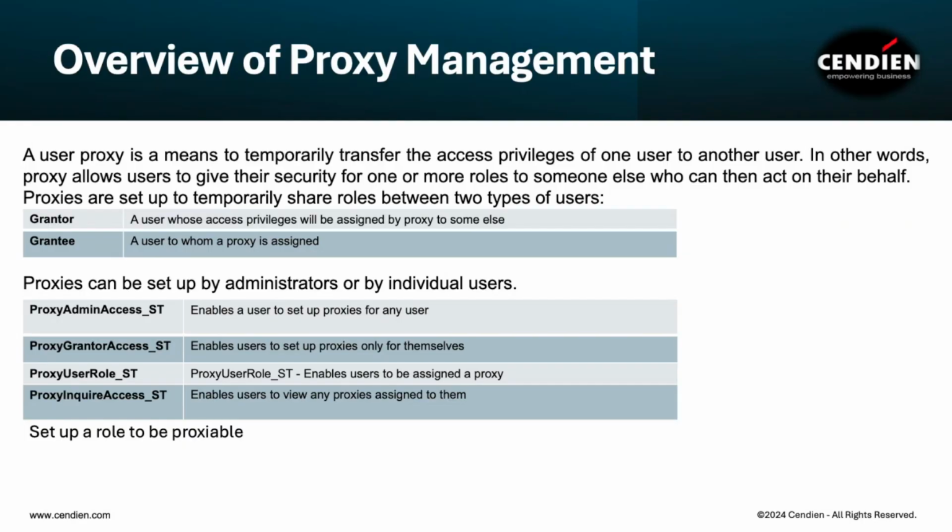Proxy user role enables a user to assign a proxy. Proxy inquire access enables a user to view any proxy assigned to them. And I was mentioning the proxyable checkbox. Until a role assigned to you is proxyable, you cannot assign that role to the grantee.